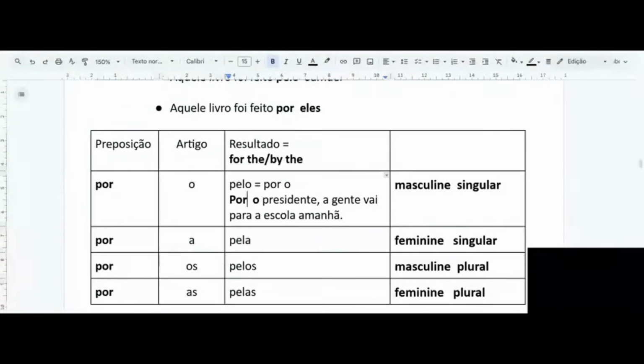Someone asked where the O came from. It is O presidente, the president. But when por and O meet, we join them together to form what? Pelo. So pelo presidente, by the president. We are all going to school tomorrow.